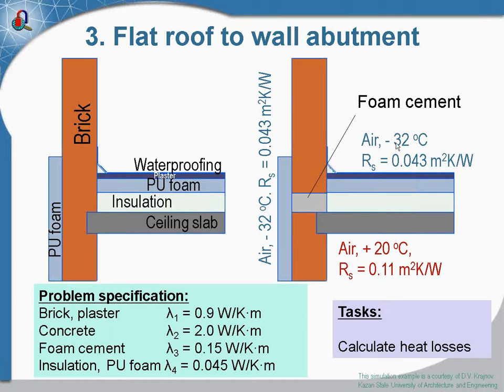The air outside has the temperature of minus 32 degrees Celsius and the air to wall and to roof thermal resistance is 0.033. Our task is to calculate the heat losses and compare the heat losses in case of the brick wall and of the brick wall with eliminated cold bridge.